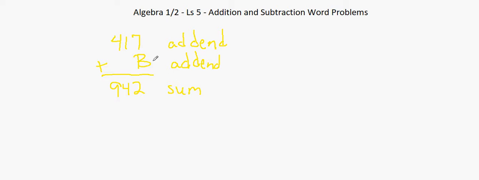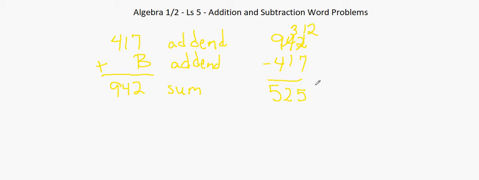How do we solve for a missing number in an addition problem? Take the sum and minus the addend. We learned that last year. And that will give us the other addend. Use an inverse operation to solve. Again, we need to do some borrowing. You need to make sure you know this like the back of your hand in algebra half, or you'll have a lot of troubles.